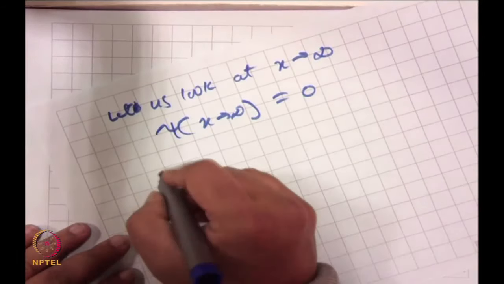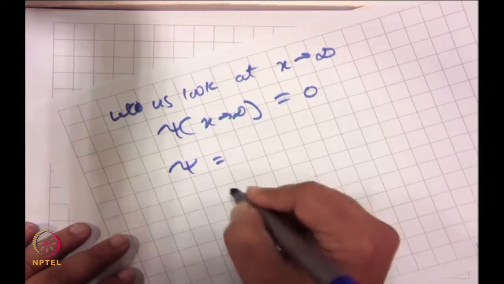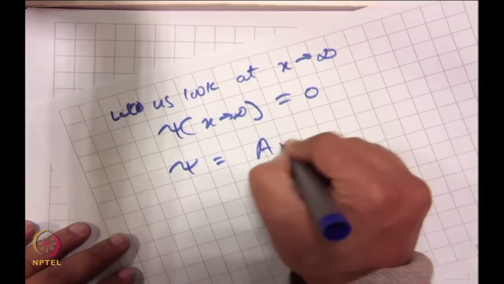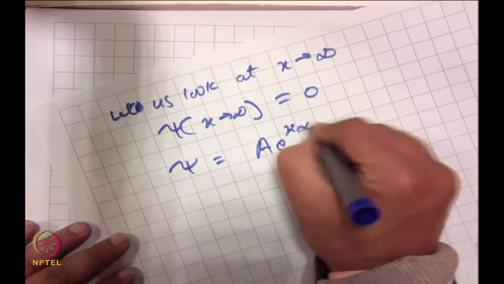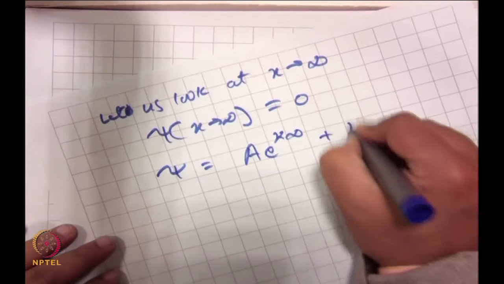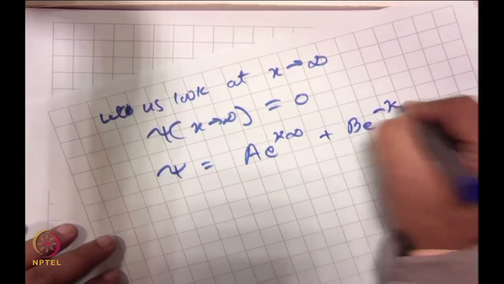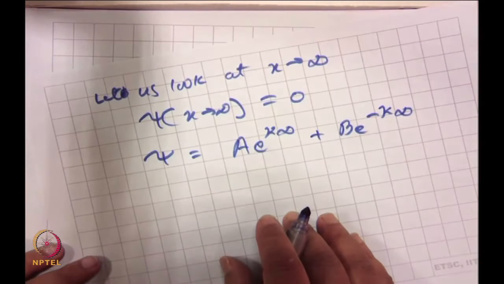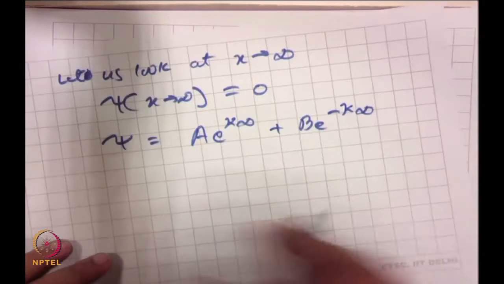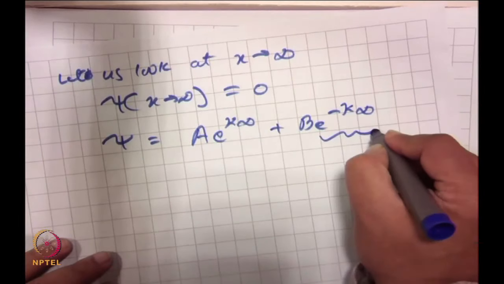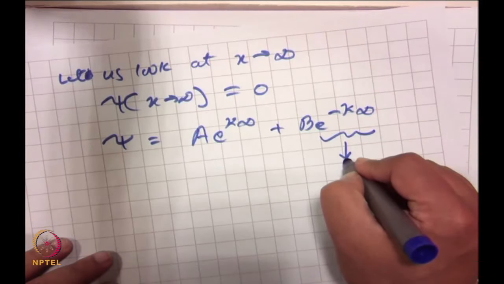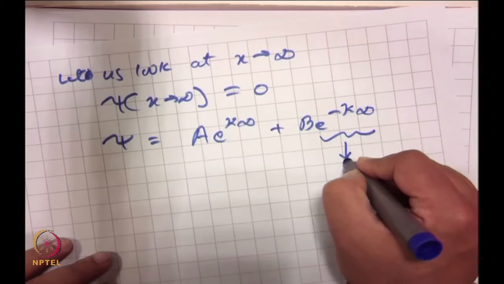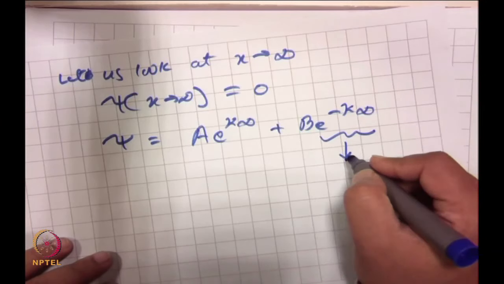The previous equation becomes psi equals A e to the power kappa infinity plus B e to the power minus kappa infinity, because I am solving for the condition where x tends to infinity. Now, the second term goes to 0, since it is an exponentially decaying function and x is infinity.